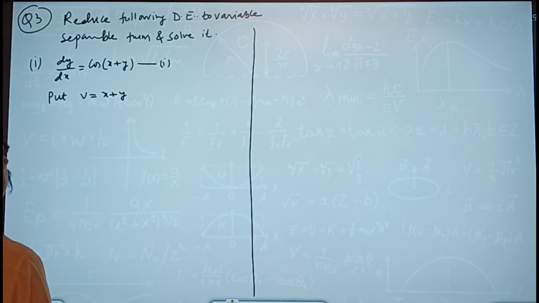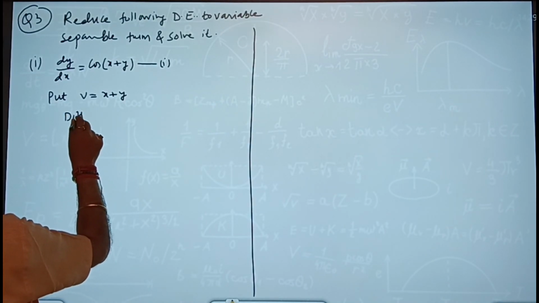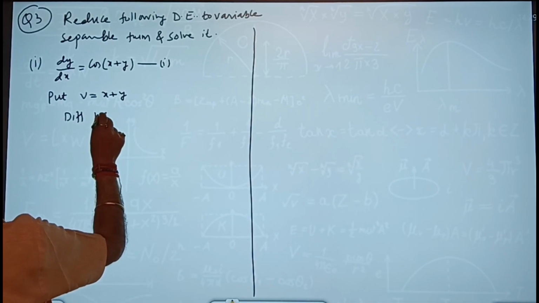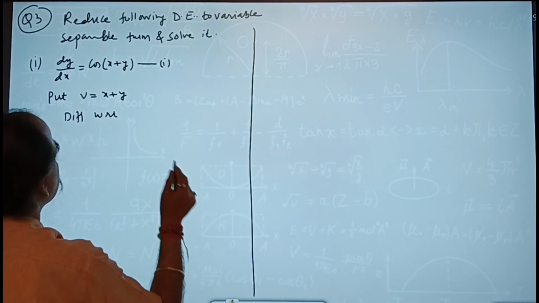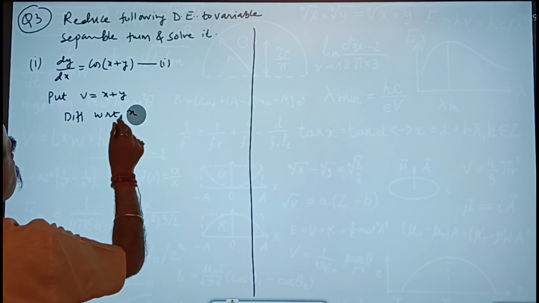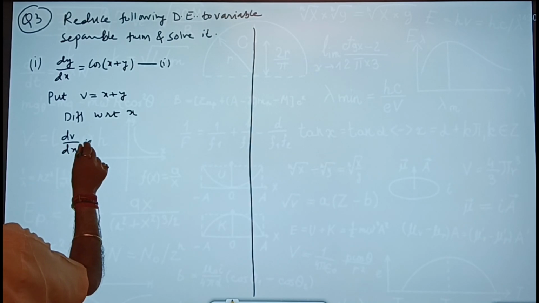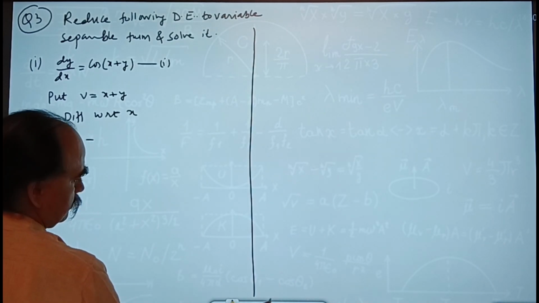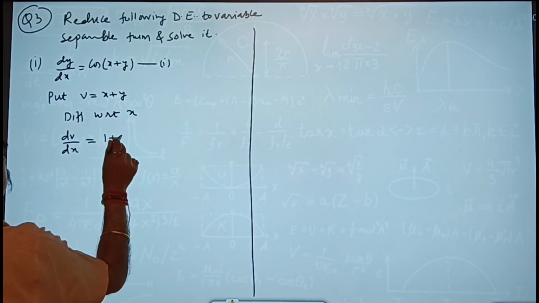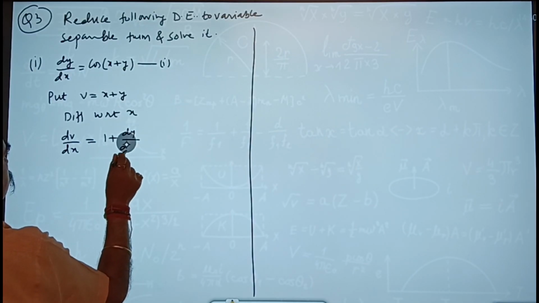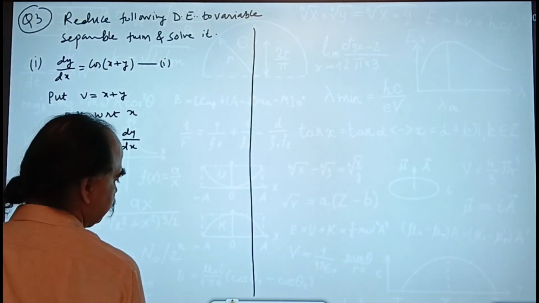This x plus y we will take as v. Differentiating with respect to x. So dv by dx is what? 1 plus dy by dx. So dy by dx is what? dv by dx minus 1.